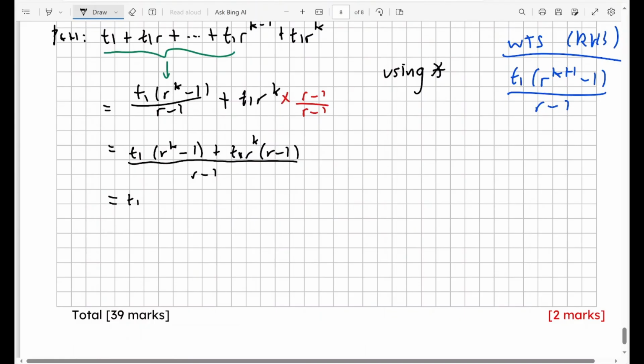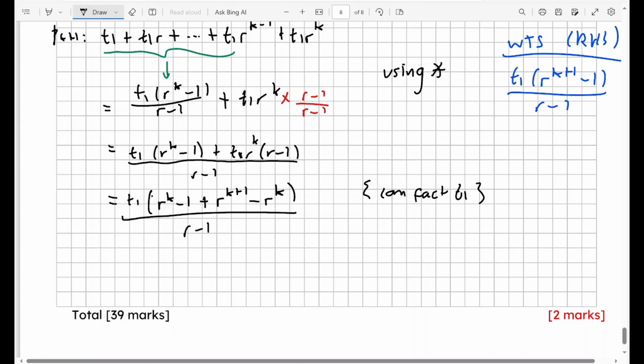So we get T1 out the front. And what I'm left with is R to the k take 1 plus, and we'll expand this in, R to the k plus 1 take R to the k. So this is common factor of T1.